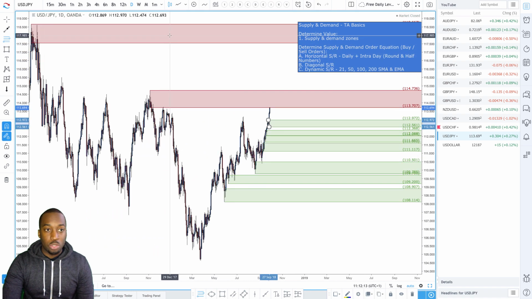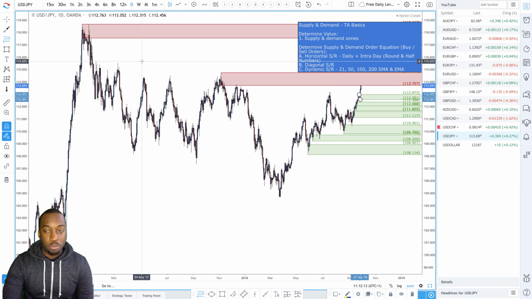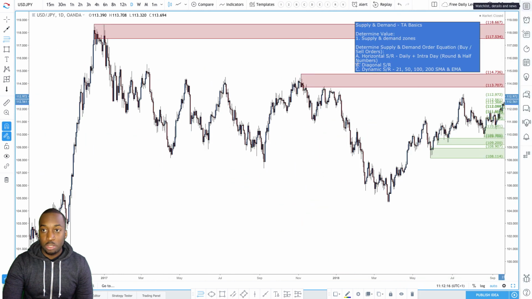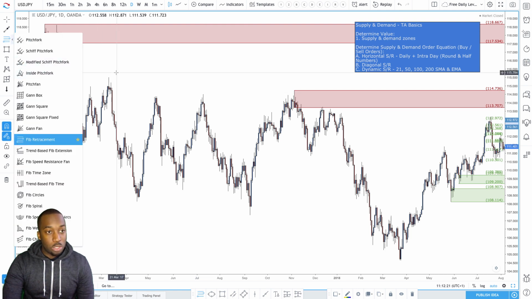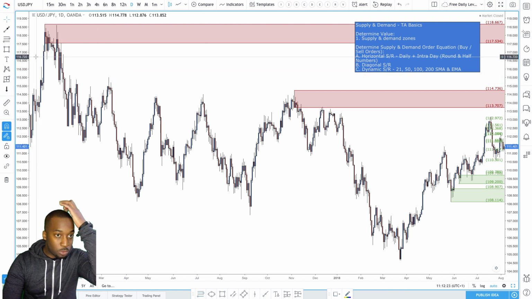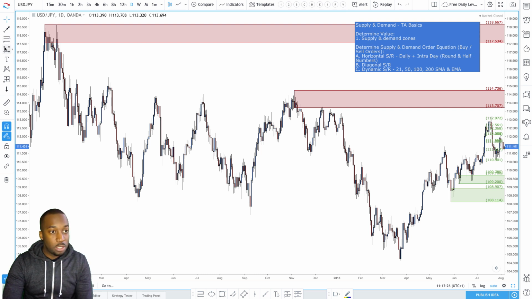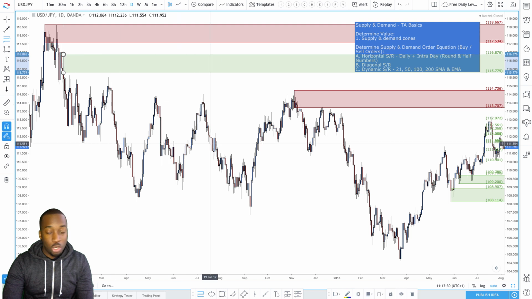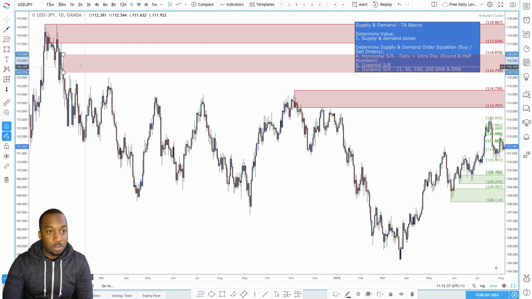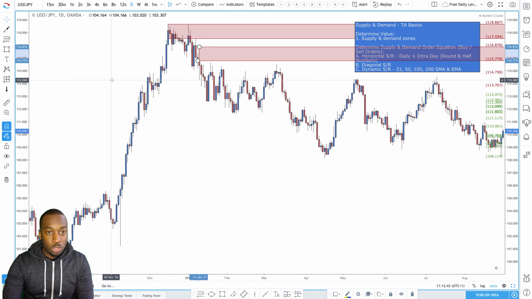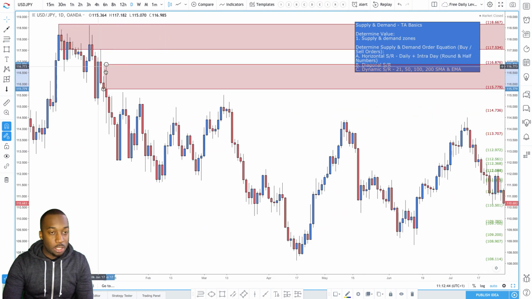What we need to also do is add some more potential supply zones. Let me just move that over. The next one is probably going to be within this area here, which I refer to as hidden supply, and for those of you who have taken the course, you will understand exactly why.